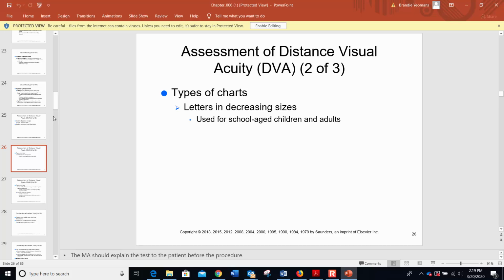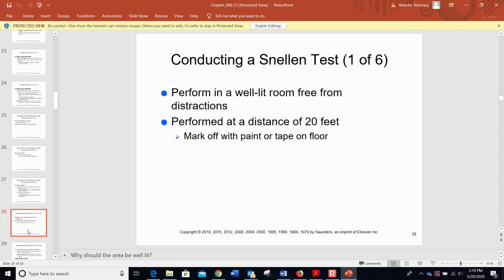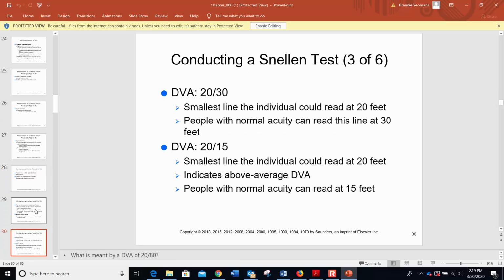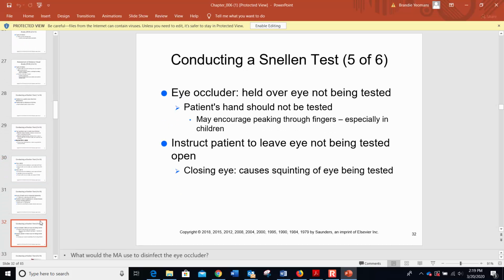Then we can also assess near visual acuity, and typically that is done with the patient holding a piece of paper in their hand, held at a distance between 14 to 16 inches from the eyes, and that's typically what you would use for reading maybe a magazine or a book.